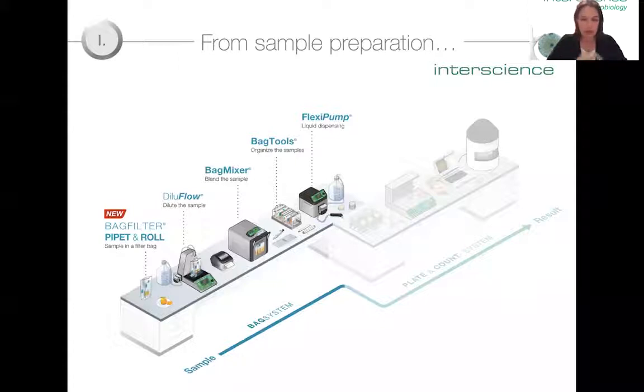So we have quite a range with different sizes, with filters, non-filters, with different formats, different porosity of filters, things like that. And then gravimetric diluters to do your primary dilution, then homogenizers to extract the bacterial and microorganism content of your sample, then a whole gamut of bag tools to help you stay organized throughout this process, as well as high precision peristaltic liquid dispensing pump right here.